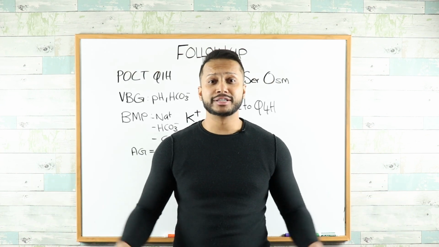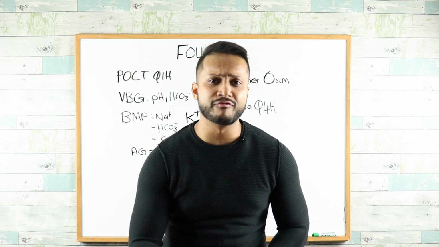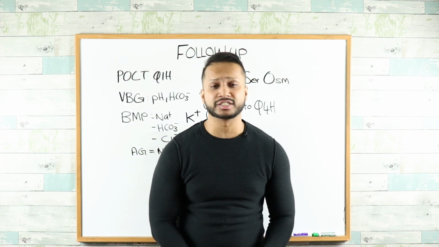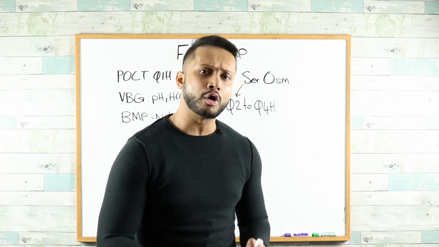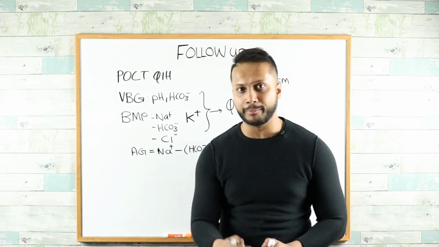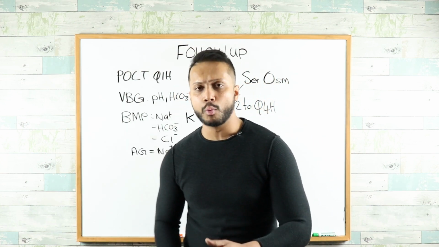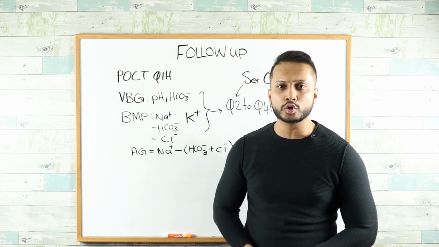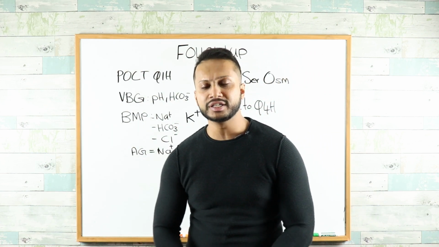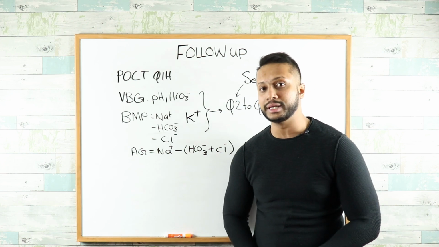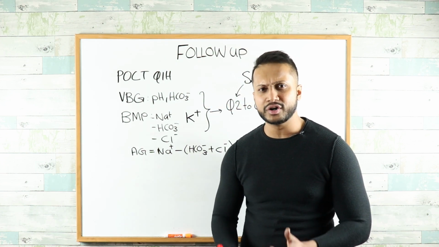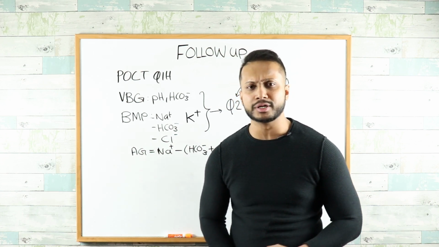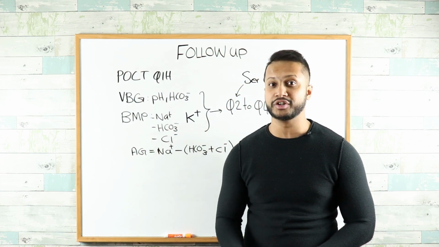Alright guys, now that you've mastered the art of managing DKA and HHS with your IV fluids as well as your insulin drip, we can go ahead and talk about what you're going to follow in your patients in your ICU. Number one, you're going to get a finger stick glucose every 1 hourly. The reason you're checking your finger stick every hour is for 3 important reasons. Number one, you want to see if you're attaining your target decrement of glucose, which is 50 to 70.